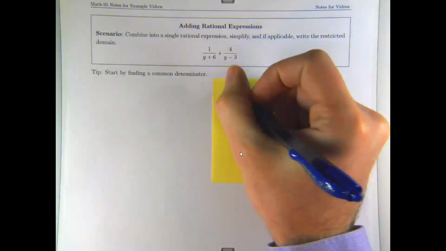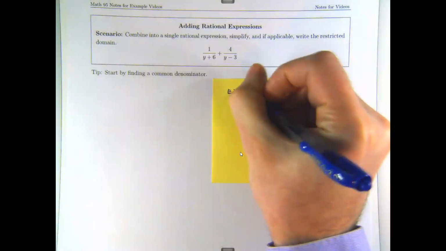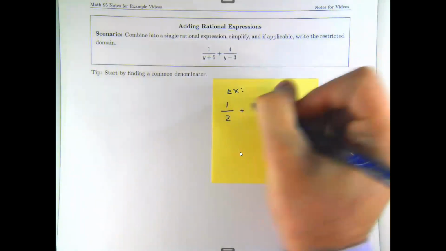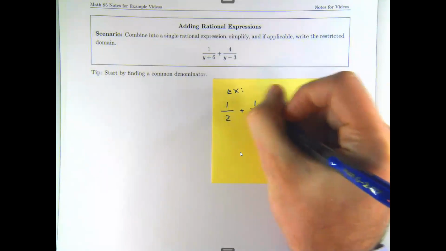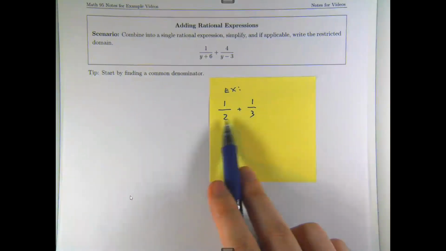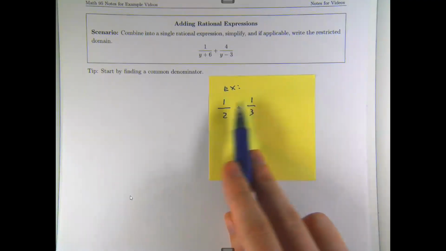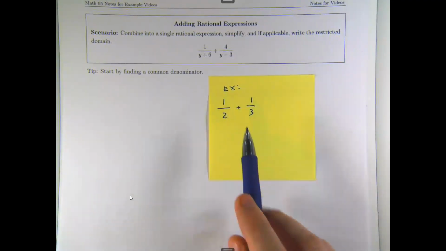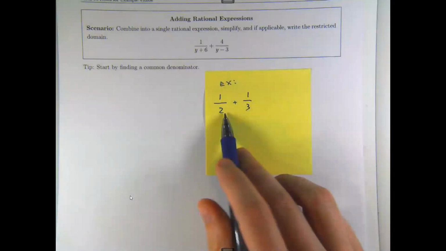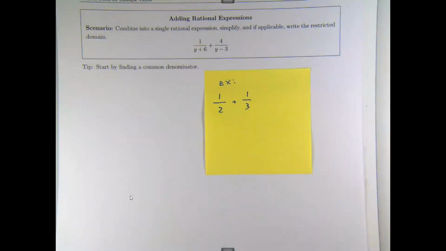So just taking a look at how this worked with numbers, if I wanted to add 1/2 and 1/3, I would need to have the same denominators in order to just add those numerators together. So I'm often looking for something that both of my denominators go into.